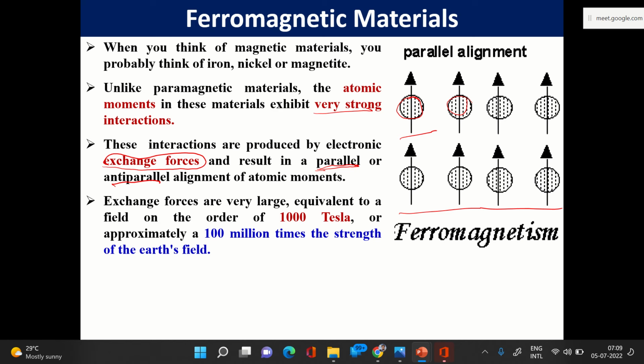The magnitude of these exchange forces is very large.